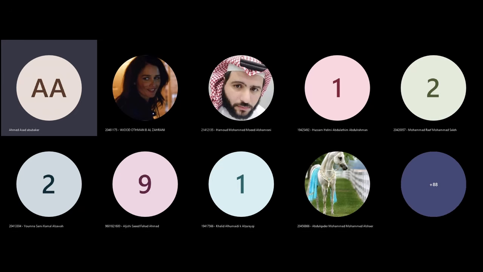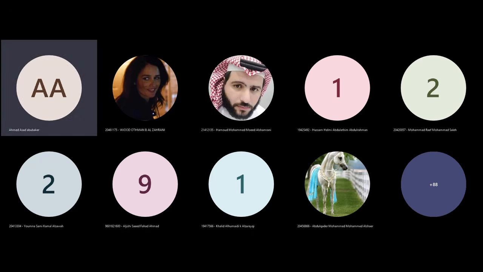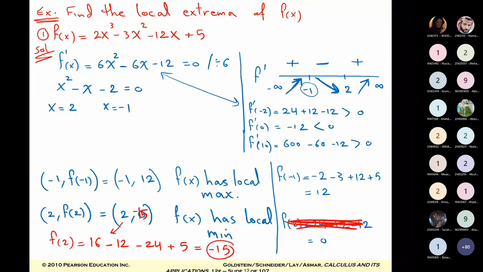Go back to the slide. Okay, it is negative 15. Of course, when I want to find a point, we need to find the point, so this is x and f of x.